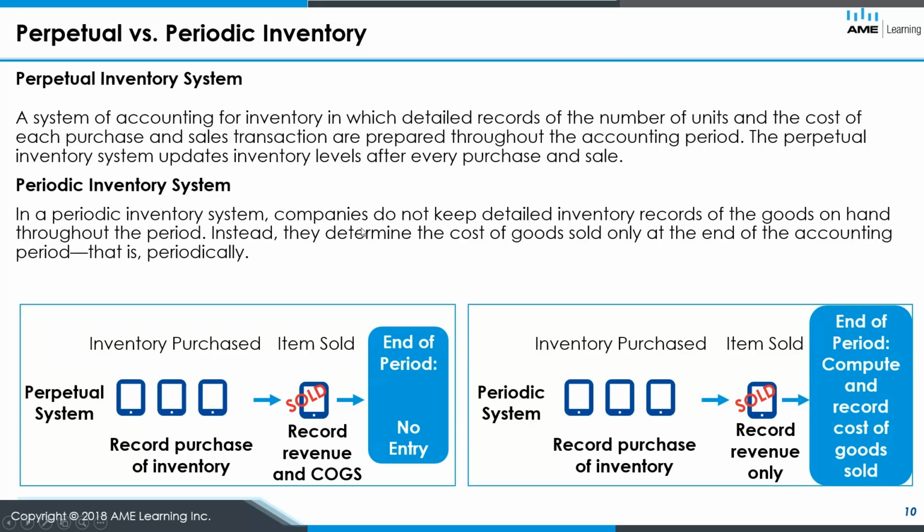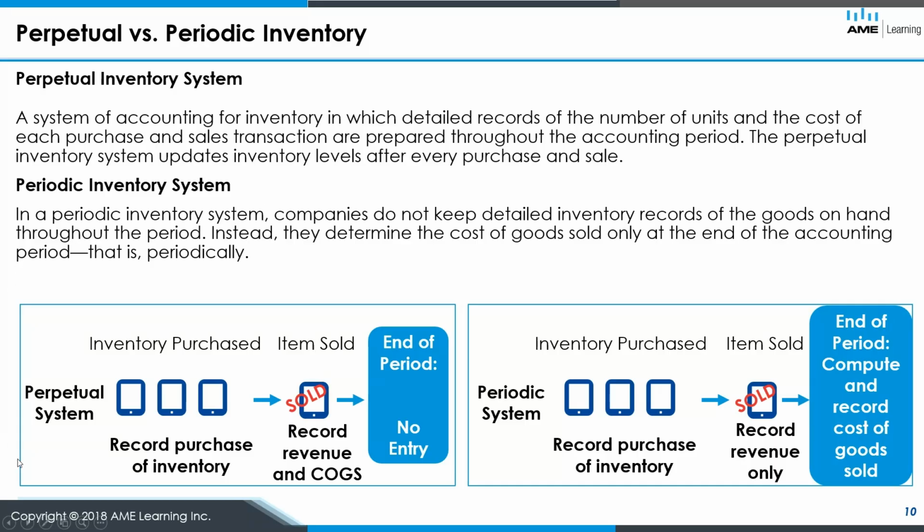This would be more for companies that do not keep detailed inventory records, and instead the way that this type of business would figure out its cost of goods sold is that we would have to go at the end of the accounting period, for example, and do some analysis, look at our inventory levels, and come up with a cost of goods sold just based on that one-time inventory count at the end of the period.